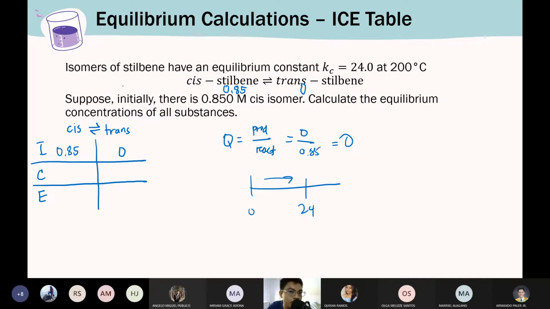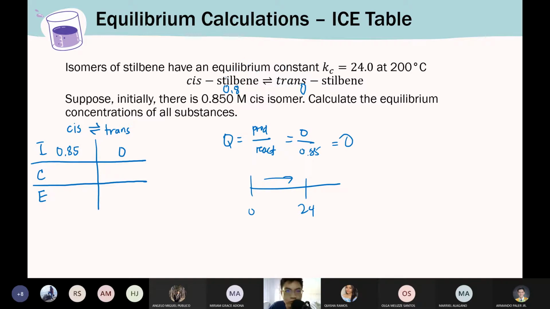Now, what does it mean? Okay. Anyway, so since to the right yung reaction, okay, so what it means is that dadami yung product side. Siyempre, dadami siya. Kasi maka-convert yung reactants to the product, right?